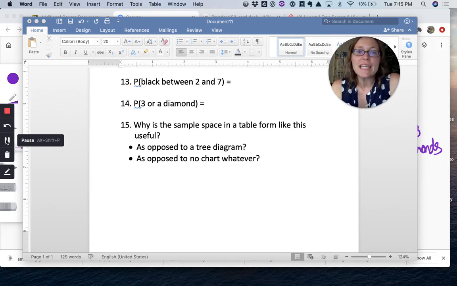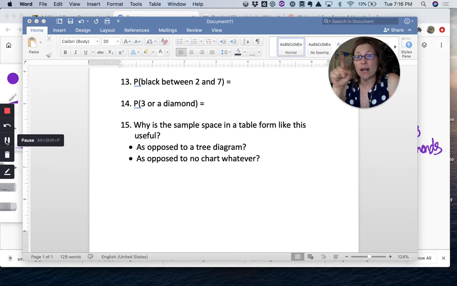Number 15 asks you, why is the sample space in a table form like this useful? So there's 2 ways we can think about it. We just got done talking about using a tree diagram as a chart form. How is a table like this useful in comparison to a tree diagram? Well, let's think about what a tree diagram would look like with a deck of cards.